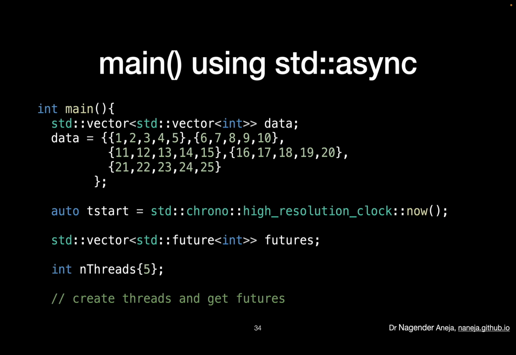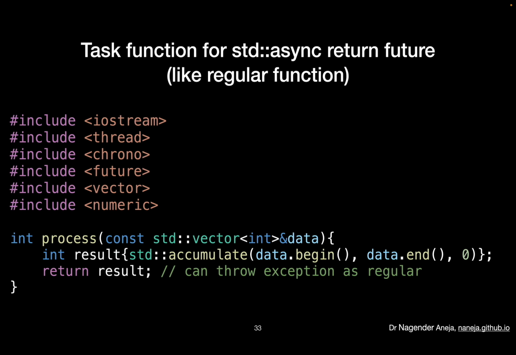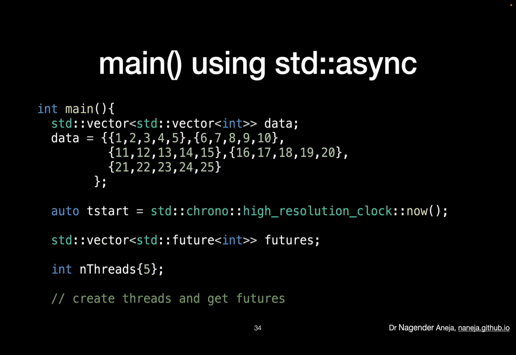We created the std::vector of futures because in this case our return is an integer, not a string. Since the function returns an integer, our future will be of integer. So it's a vector of futures, and each future is of integer. That's our futures vector. And we created the five threads here.